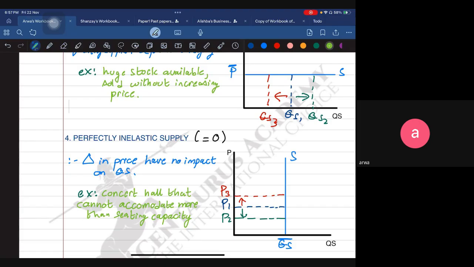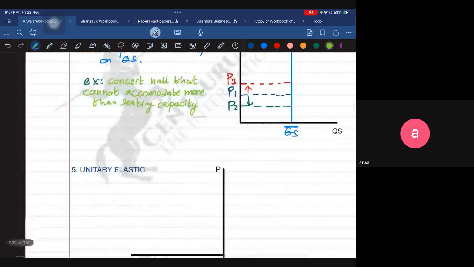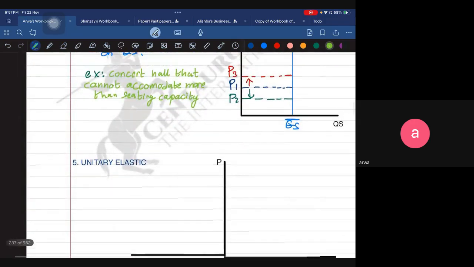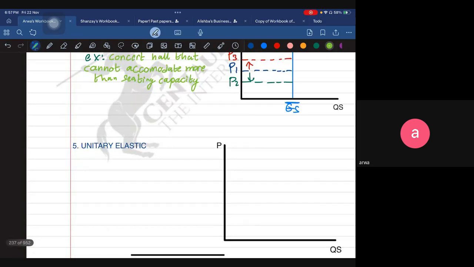I'm trying to think. Cinemas, if they have a specific seating capacity. Yes, cinemas also have that, so it doesn't even matter. Even a cricket match or a football match, games like that. Exactly. Wherever the seating concept can be added. Okay, that makes sense. Now moving to the unitary elastic.